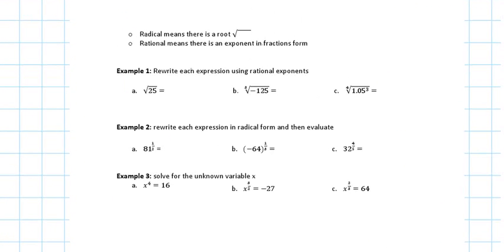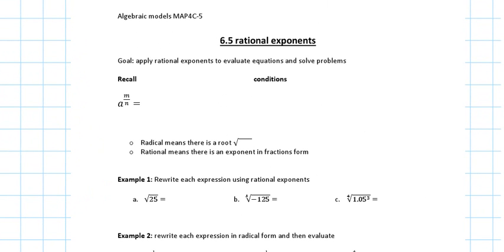So let's recall the formula. So the formula was what? If I have a to the power of m over n, how can I write that? Root n of a to the power of m.